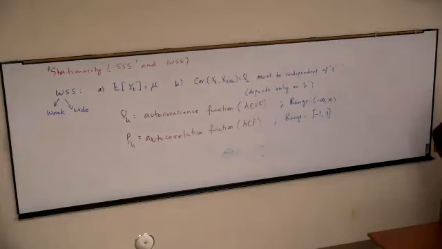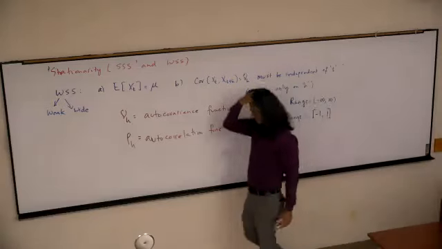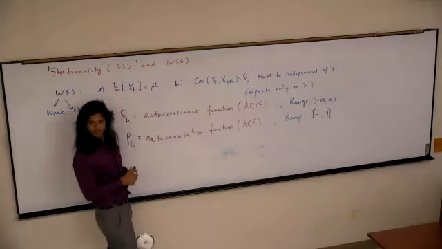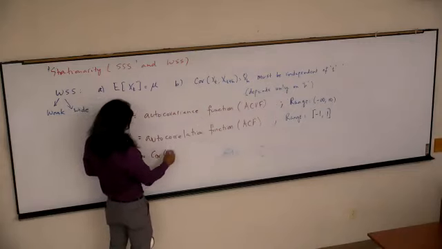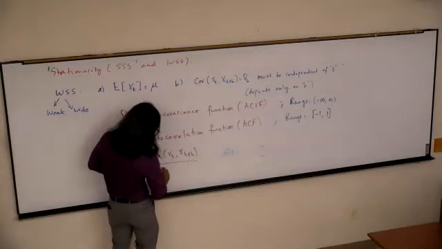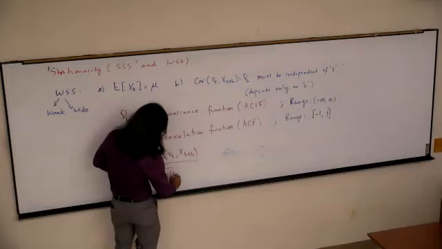How do we write rho h in terms of gamma h? If you go back and look in your notes, the autocorrelation function is the covariance of xt, xt plus h over the square root of the variance of xt times the variance of xt plus h.